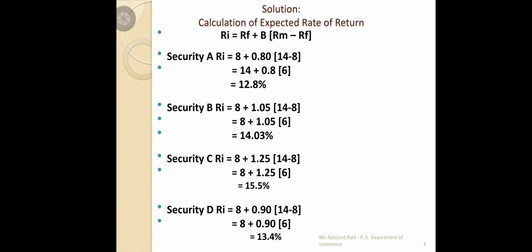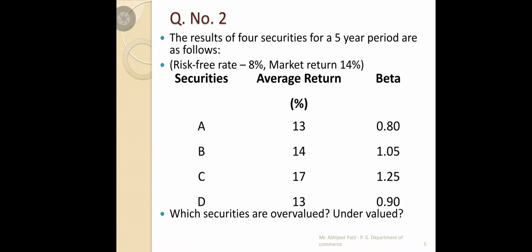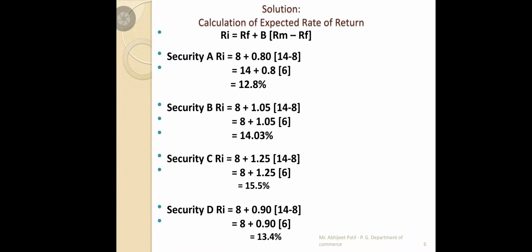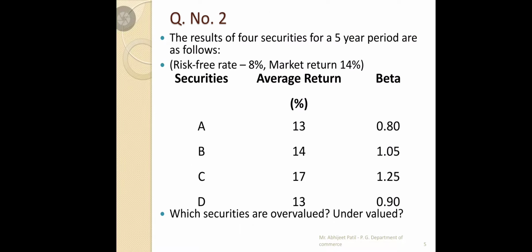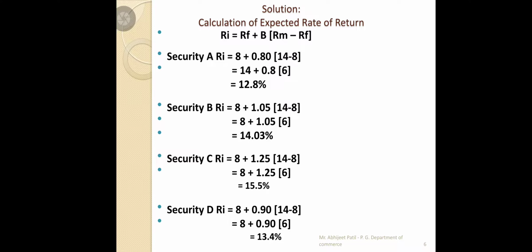How to calculate the expected rate of return? See the CAPM equation we know: Ri is equal to Rf plus beta into (Rm minus Rf). So we will go for security A. Rf is given as 8, plus beta, which is given as 0.80, so multiply with 0.80.